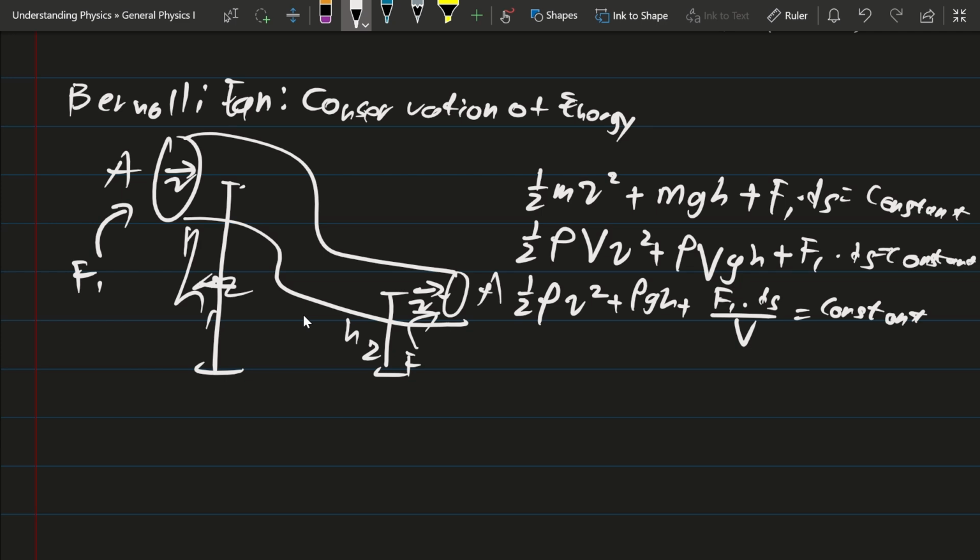If you just assume the v to be a times ds, the area times a certain length ds, which basically corresponds to the work, which still makes sense in here because a is the area and ds would be a very small fraction that is at a right angle with the a. That's the ds that you come from work. So you could cancel those ds's out. So you would get half rho v squared plus rho gh plus the pressure is constant.